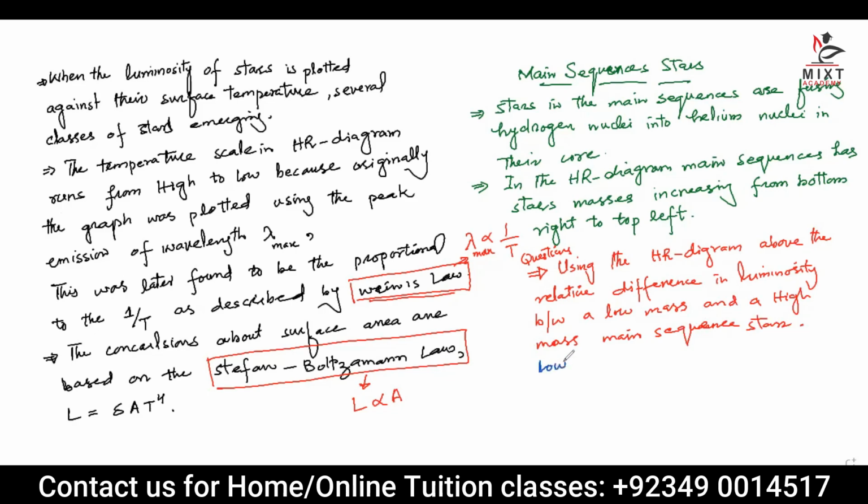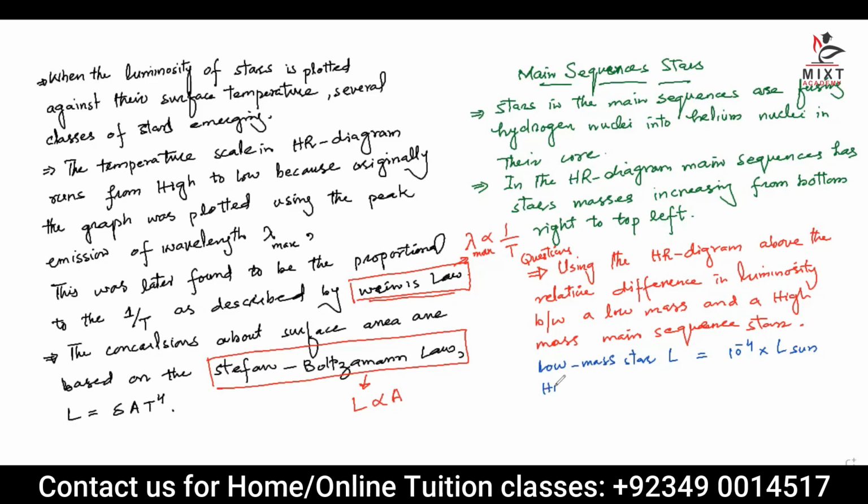The low massive star luminosity is equal to 10 raised to power minus 4 of luminosity of the sun.